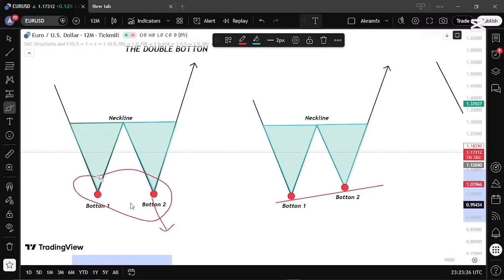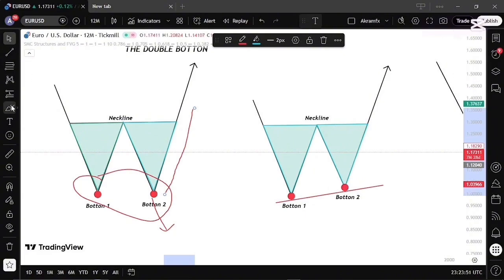The next thing we want to see is prices moving up and breaking the neckline, and when they break the neckline, we are basically good to go. The neckline is, in simple terms, like a market structure break. We've first made two bottoms down, and that's why it's called a double bottom.